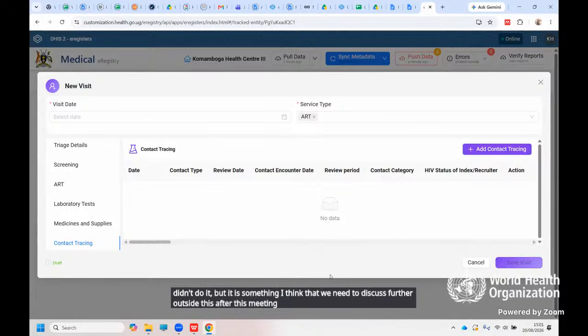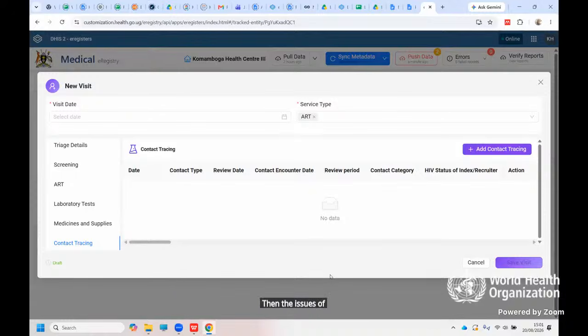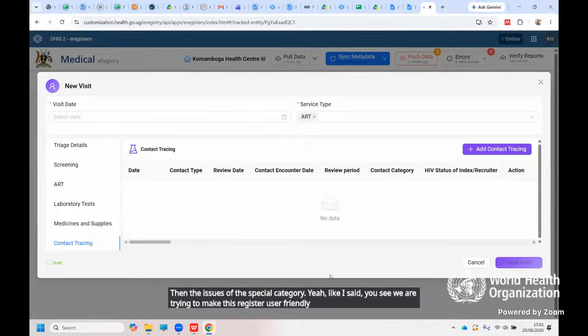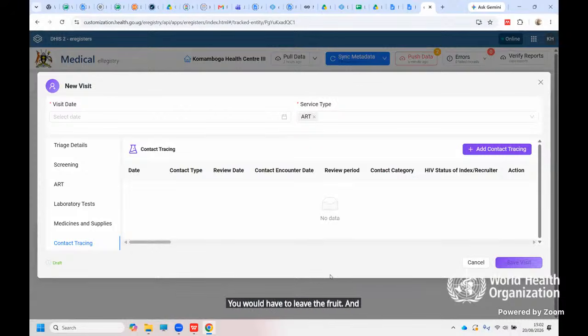Then the issue of the special category. Like I said, we are trying to make this register user-friendly and simplified, so we didn't want to put so many restrictions. If someone is not a special category, you leave the field, and if someone is a special category, you fill it.